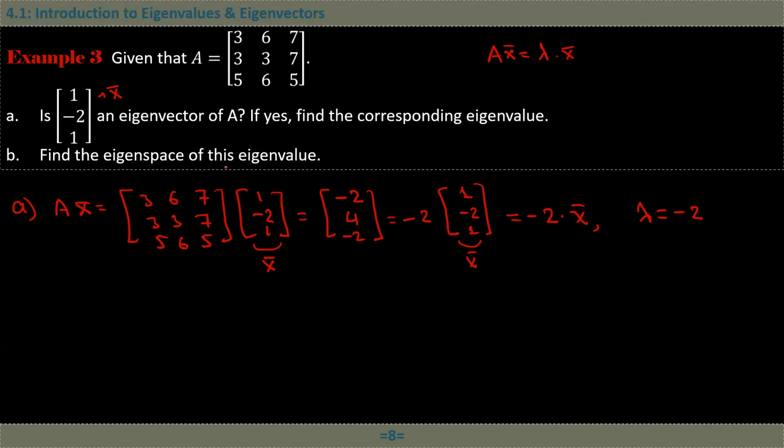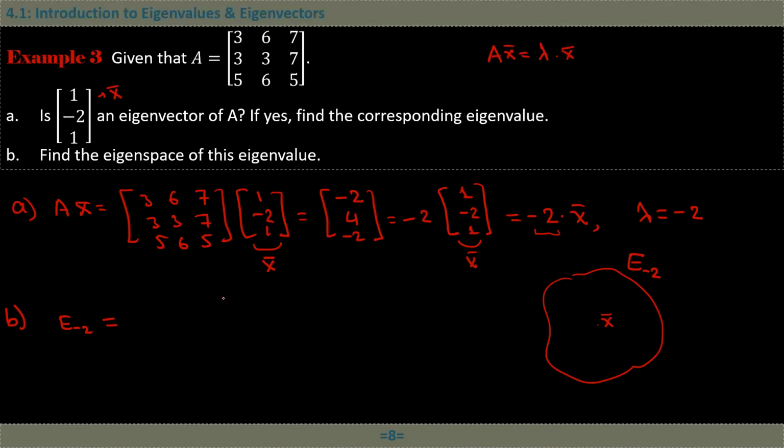Okay. So find the eigenspace of this eigenvalue. Let's say it is E negative 2. That means it's the eigenspace corresponding to this eigenvalue. We have a lot of vectors here, and we know that if you pick any vector here, right? So what is that eigenspace corresponding to the eigenvalue negative 2?